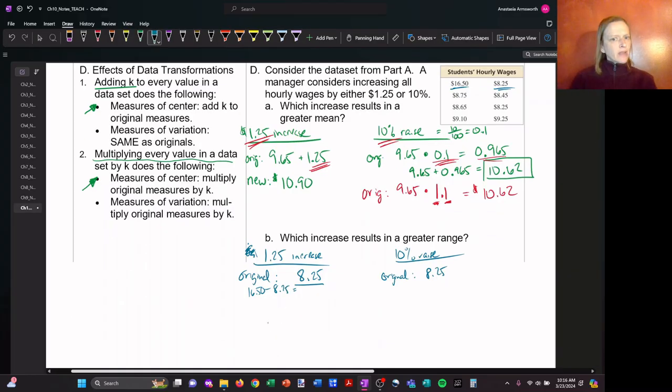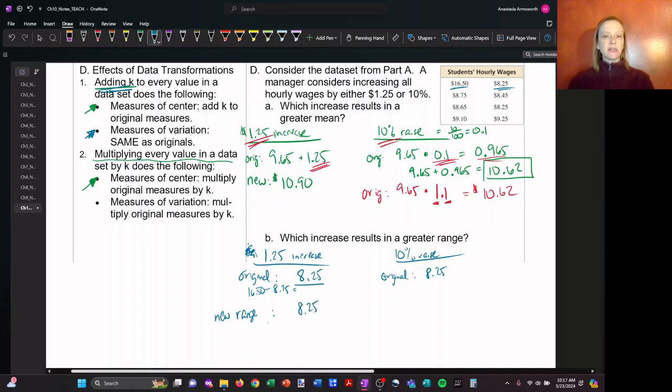Okay. And then we want to see how this changes. Remember, in this first example, we're adding k to every value in the data set. So what happens to our measure of variation? What happens to this range? Our range doesn't actually change. For this $1.25 increase, where we've added $1.25 to every value in the data table, the range is still the same. The new range is still $8.25.